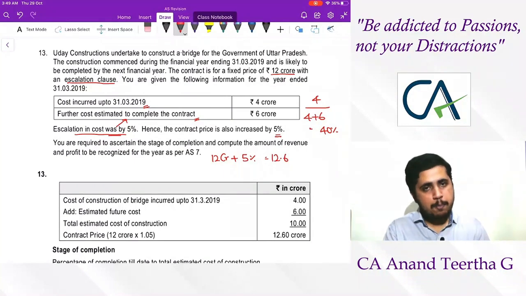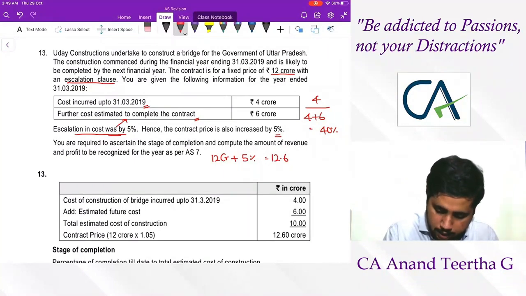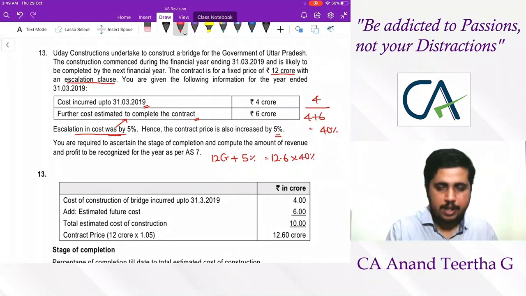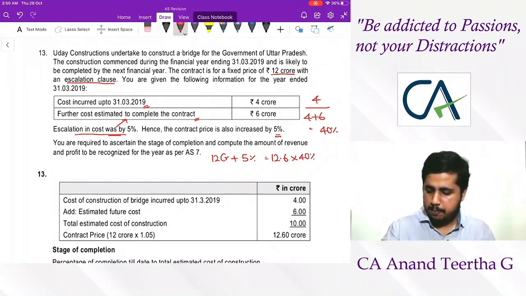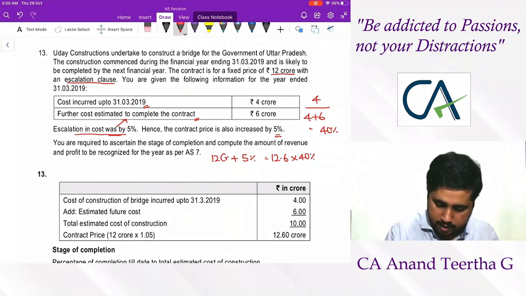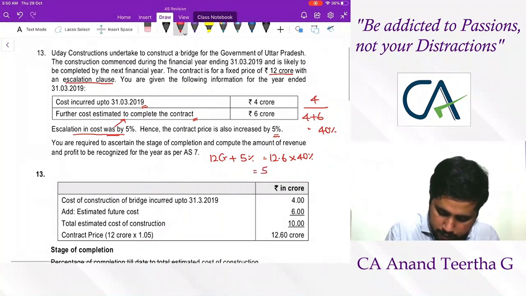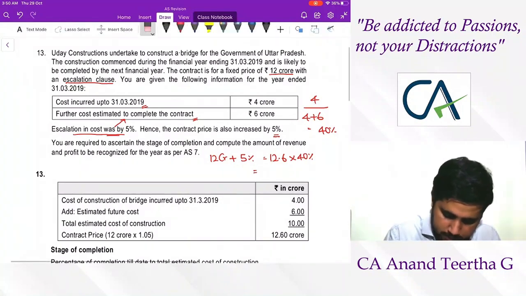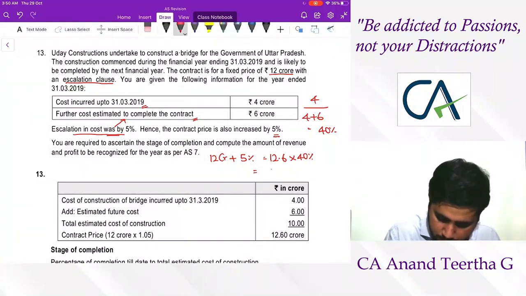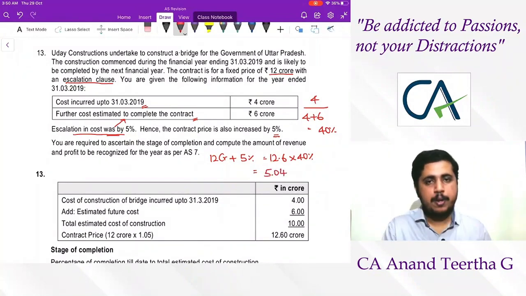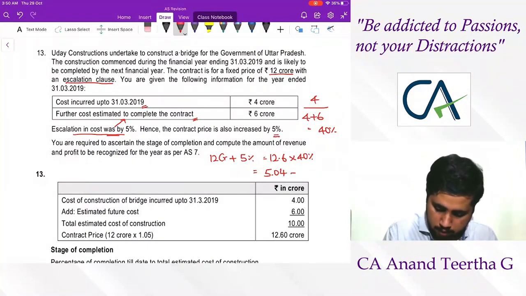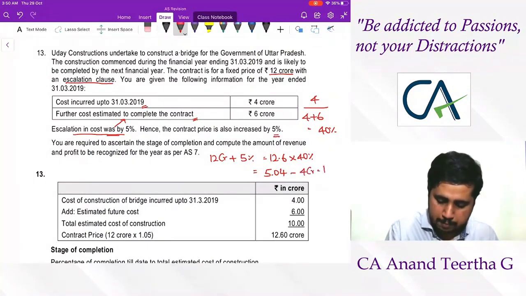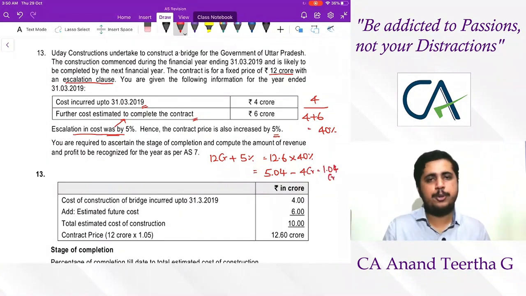Okay, 12.6 into 40% will give you revenue for the year. So 12.6 into 40% is 5.04. 5.04 is our revenue to be recognized for the year. Minus cost for the year, which is 4 crore. So automatically 1.04 crore is the profit to be recognized.